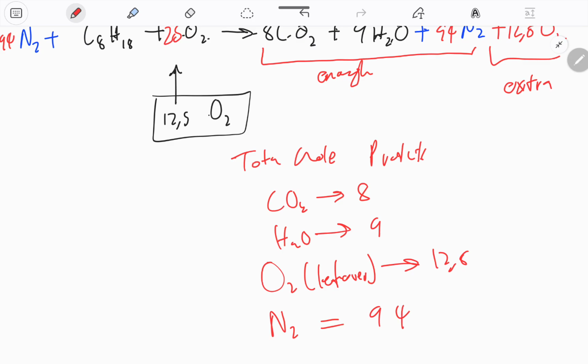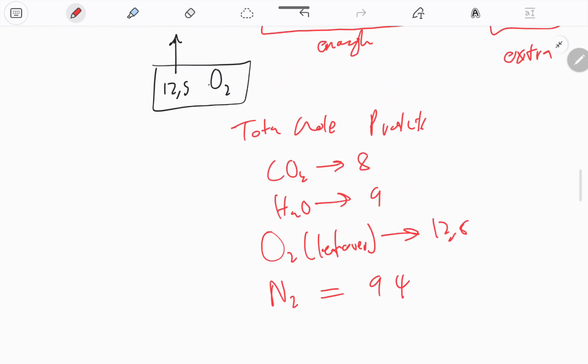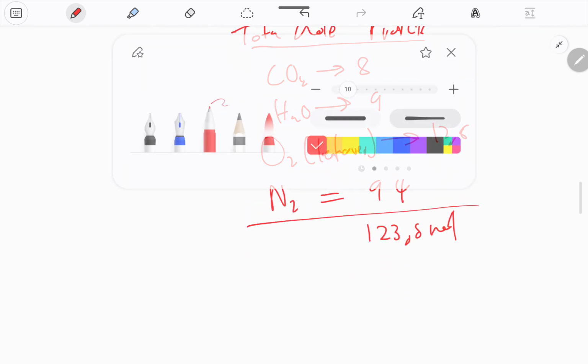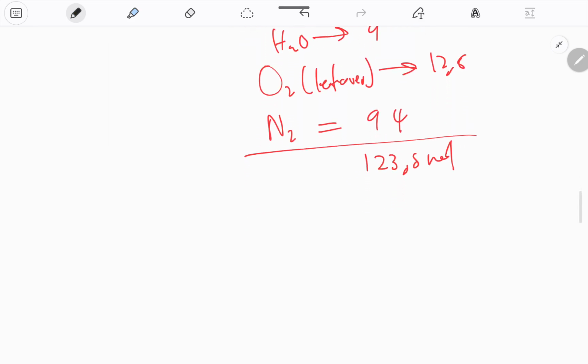All these things have moles, right? So if we have to find the total number of moles, we sum all these things: you add the first one, the second one, third one, then the last one, and you get 123.5 moles. That's the number of moles in the product.